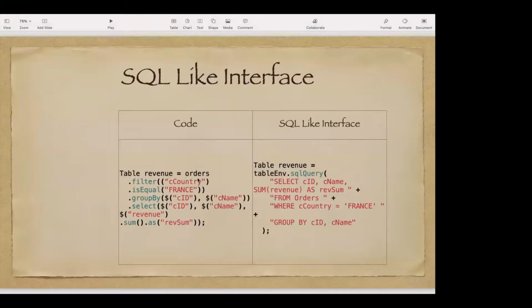Just to give some glimpse into that, this is code which I have taken from Flink's documentation. If your data pipeline is reading from the orders table, filtering country as France, then doing a group by on country ID and CNAME, and then selecting country ID, CNAME and summing up the revenue, this can be defined as a query as well, and those capabilities are there in Flink.